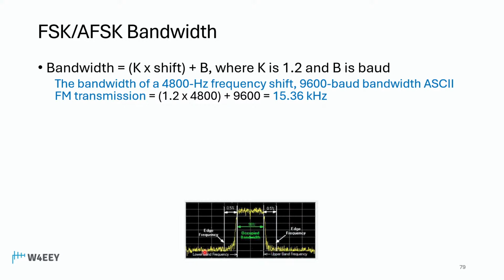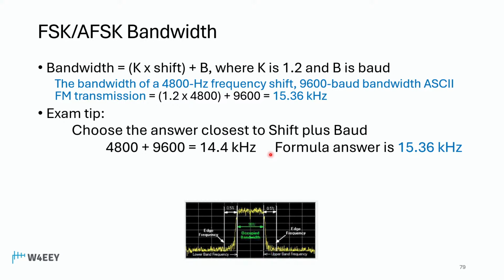This little picture on the bottom gives you an idea of what we mean by bandwidth. It's the occupied bandwidth of a signal, with skirts on both sides, and here's where the data information resides. So for an exam tip, for these kinds of questions, just choose the answer closest to shift plus baud. This one had a 4800 hertz frequency shift, 9600 baud.